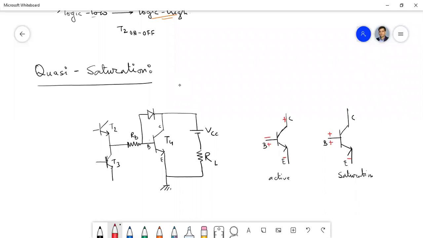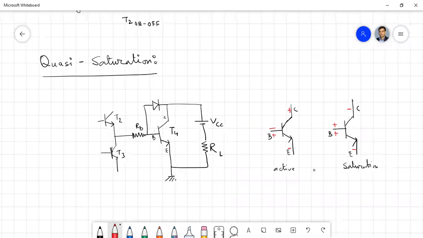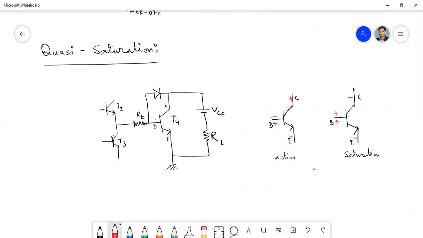So that is the change. In the active region, one of the junctions is forward and another junction is reverse biased. That I mentioned in the last class. Whatever, let us assume these two things.